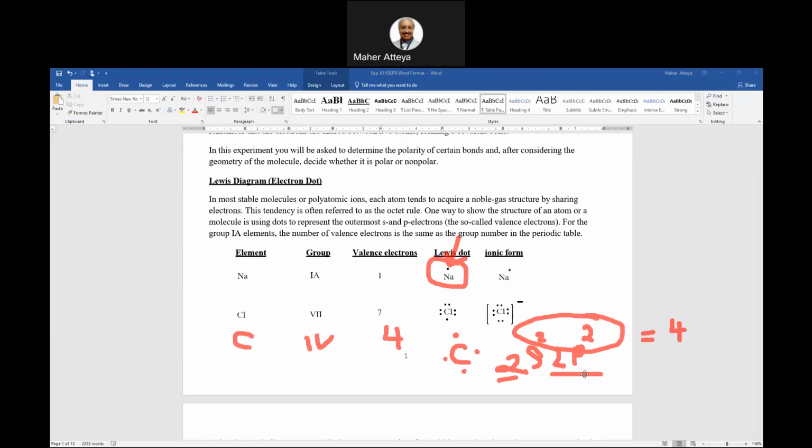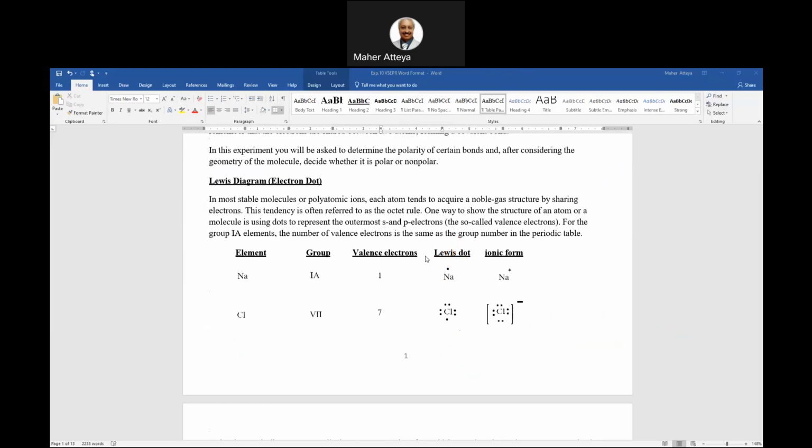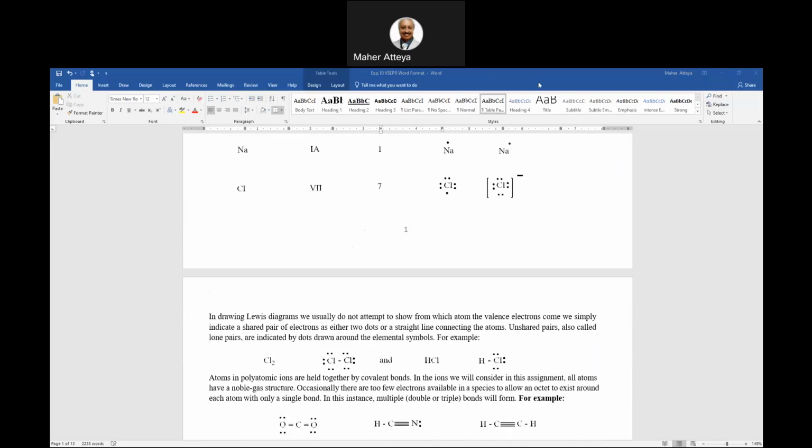And then when I start connecting those dots to make a single bond or double bond or triple bond, it will be easy. Let me say I have a carbon here, and here's another carbon.